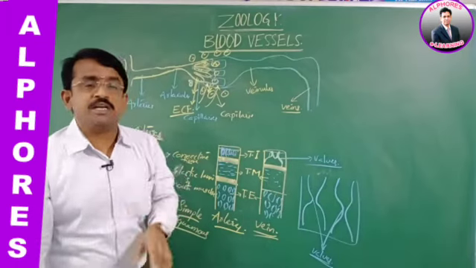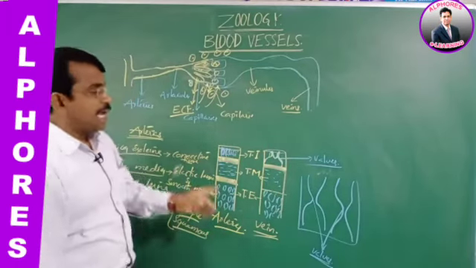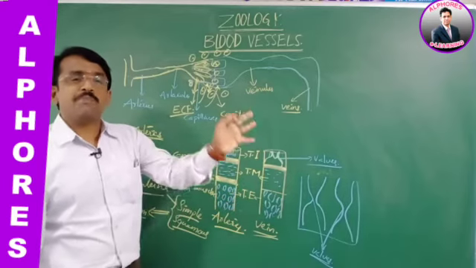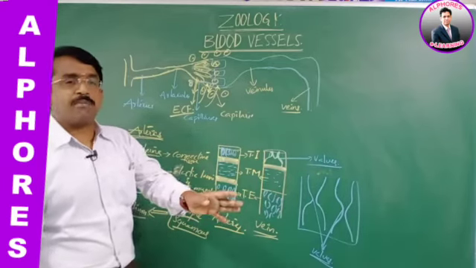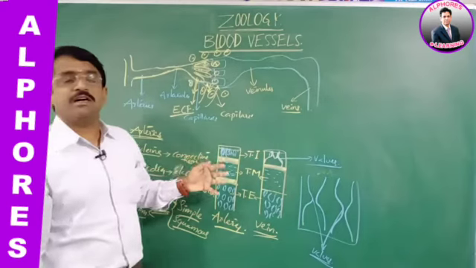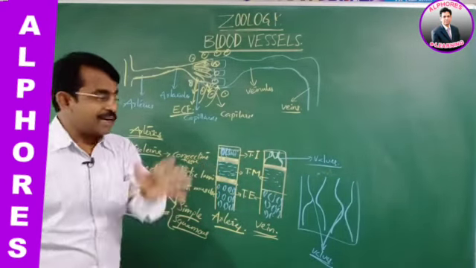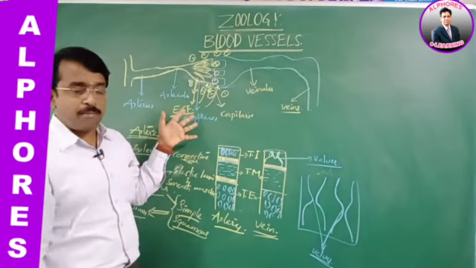What could be the reason? The reason is that the capillaries have only thin walls made up of simple squamous, unlike the arteries and veins, which are made up of connective tissue, a muscular layer and endothelium, simple squamous.